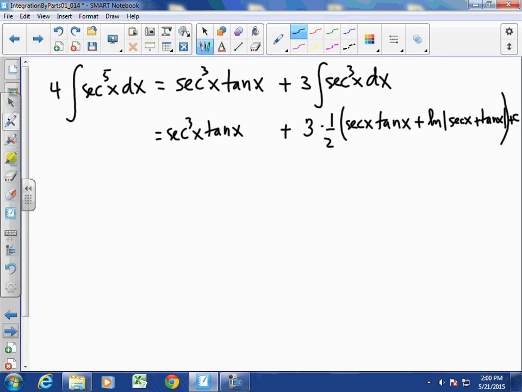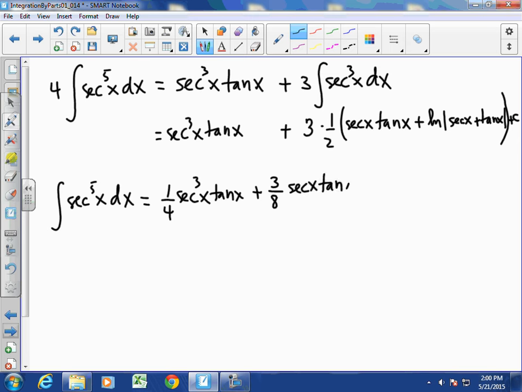So now dividing by 4, we obtain the integral of secant to the fifth x dx equals 1/4 secant cube x tangent x plus 3/8 secant x tangent x plus 3/8 ln of secant x plus tangent x plus a constant. And that is the integral that we were looking for.